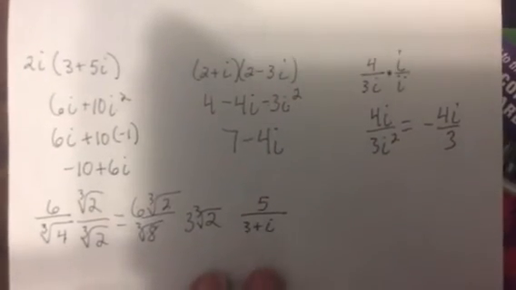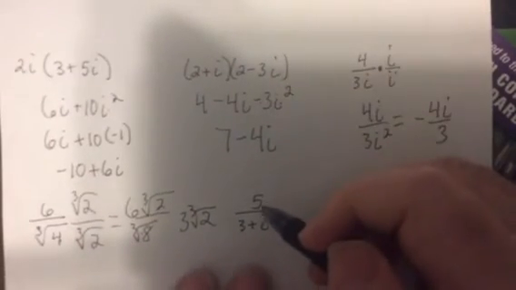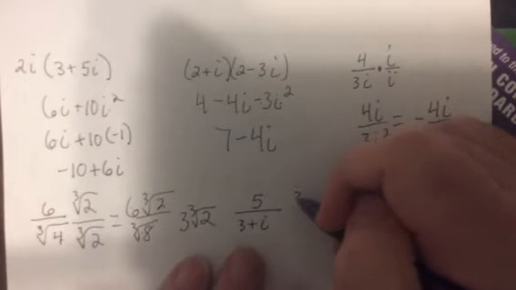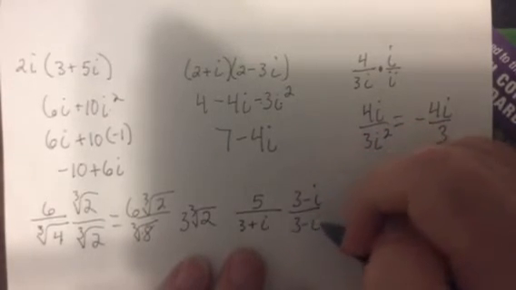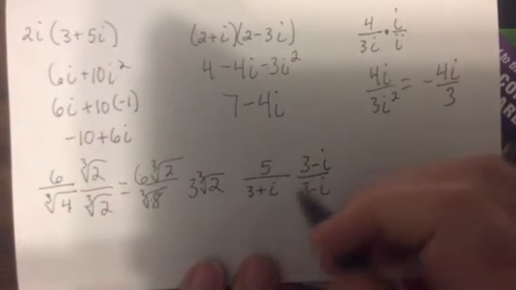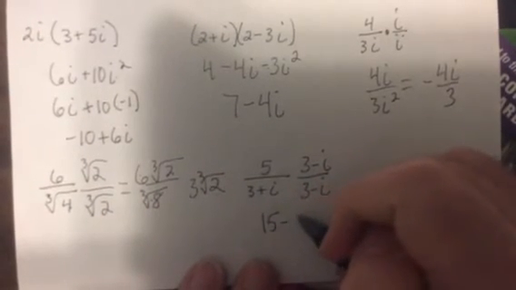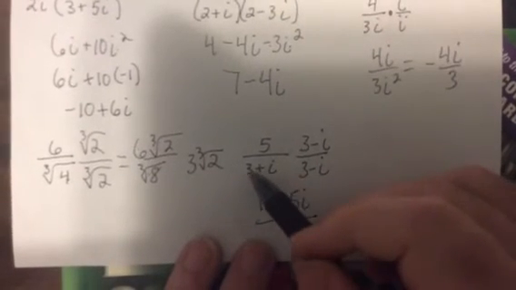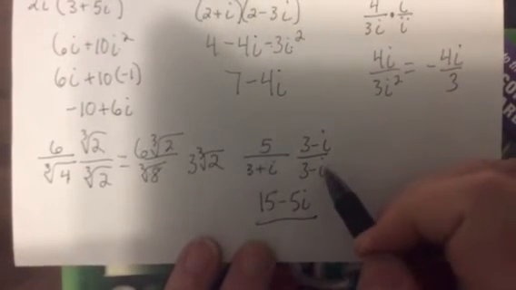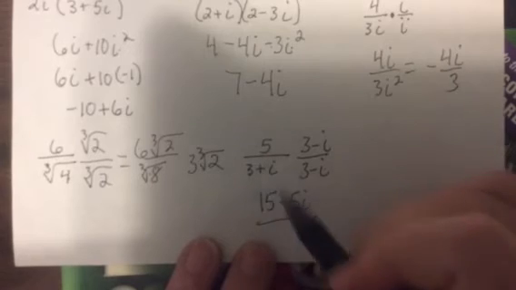And last but not least, you multiply the top and the bottom by the conjugate, which is 3 minus i. So distribute the 5, that's 15 minus 5i over, FOIL it. So conjugate is same first term, same second term, but you switch the sign in front of your i.